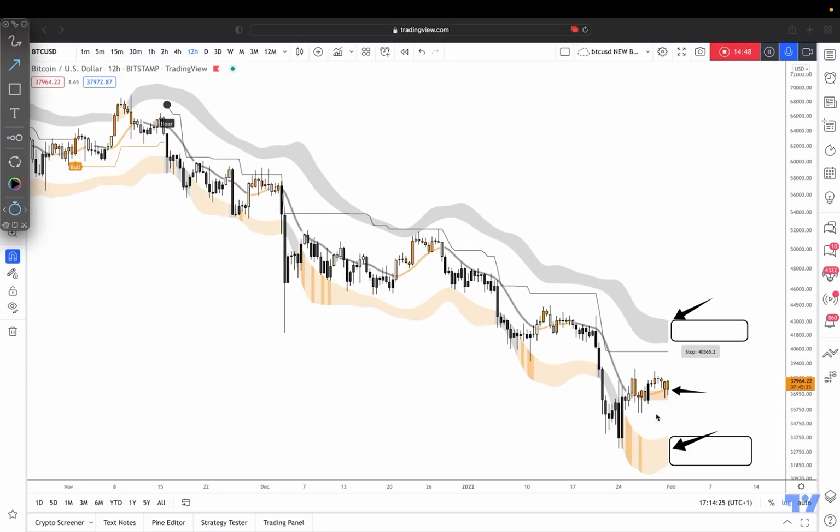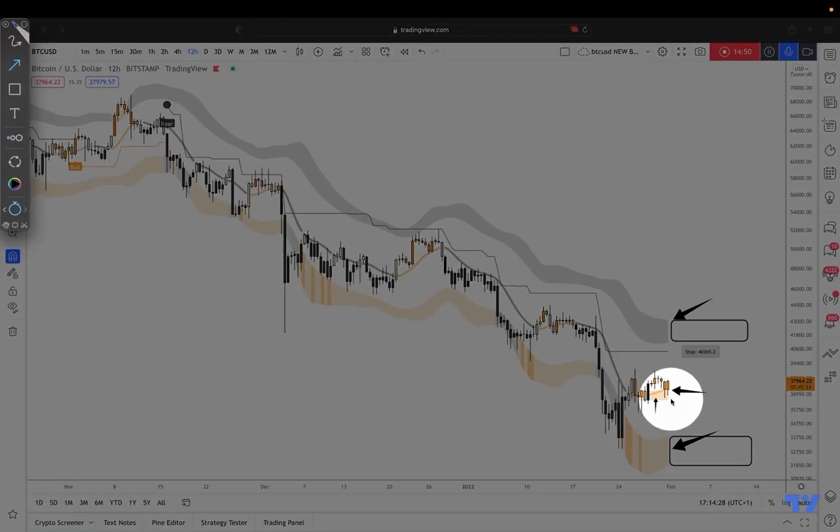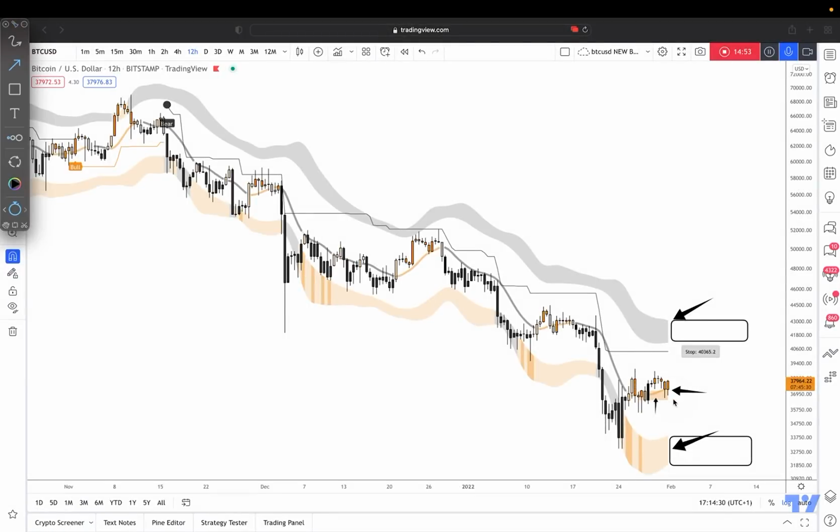Okay, you can tell that Bitcoin is currently trading supported by the baseline, and additionally by this orange rectangle, which is nothing else but the BWAP block. The BWAP block gives you the range of prices defined by volume, volume adjusted levels.